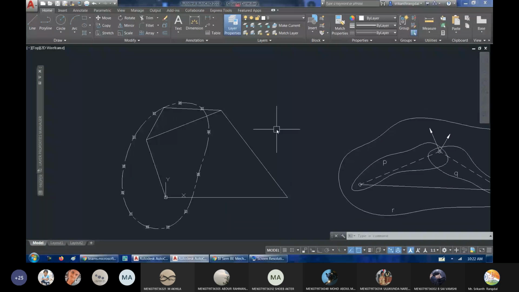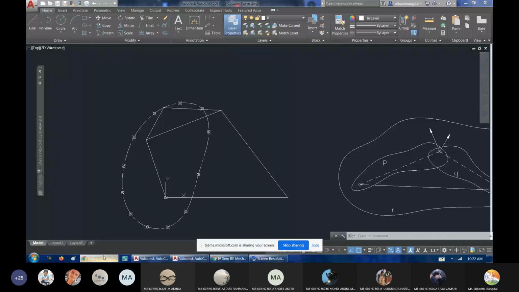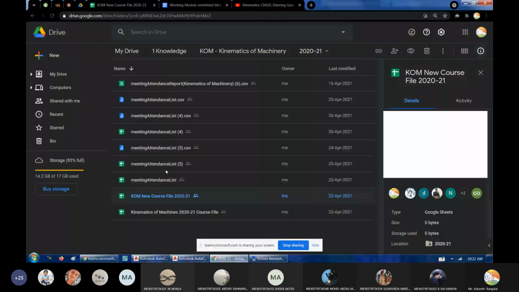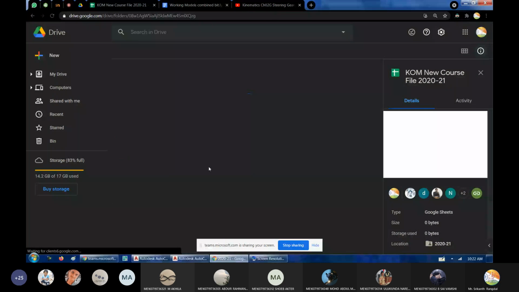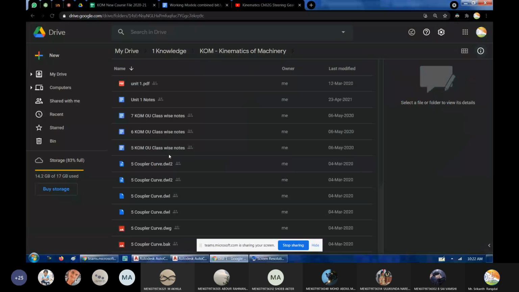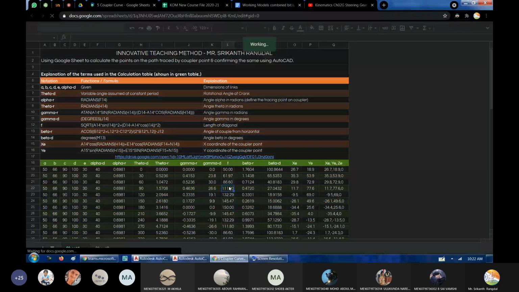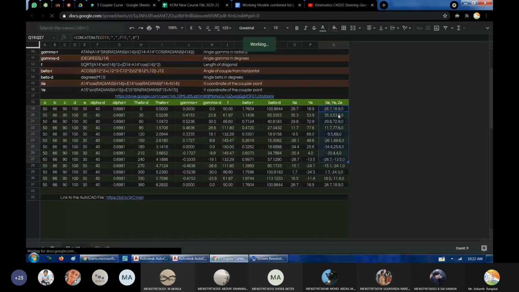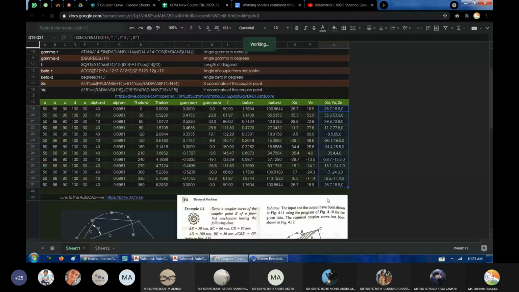In the previous class, I was talking about this coupler curve, and let me open the Google sheet containing the calculations. These are the calculations, and all these coordinates, I have used to create these points.